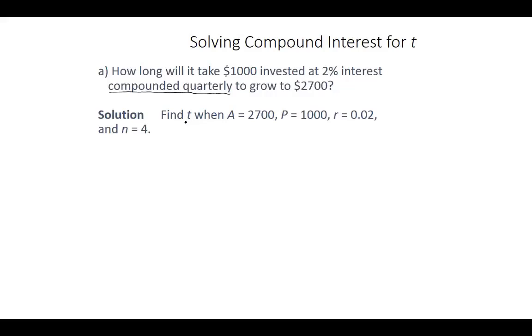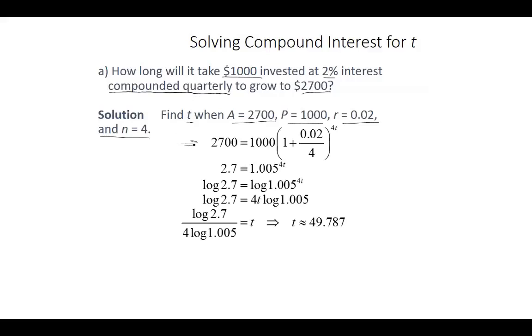We want to find T, where A is given to me as the amount, 2,700, the principal P would be 1,000, the rate is 2%, 2 divided by 100 would be 0.02, N is 4 because it's compounded quarterly, so the interest applies 4 times a year. Basically we're going to substitute that into our formula and solve for T.